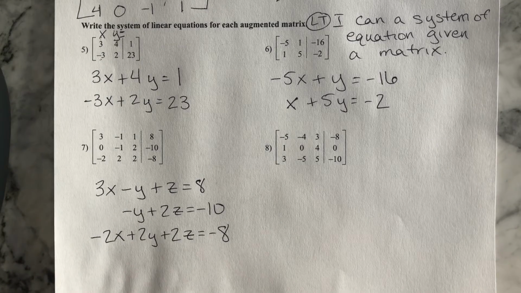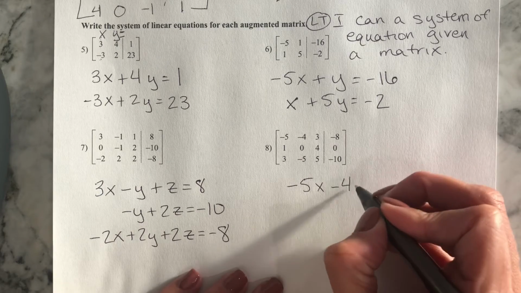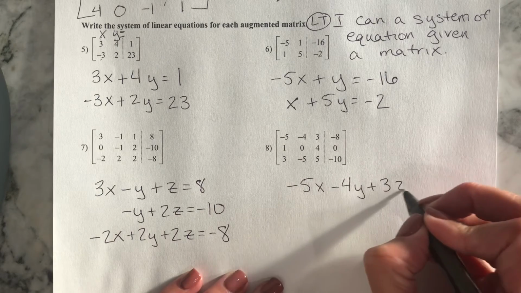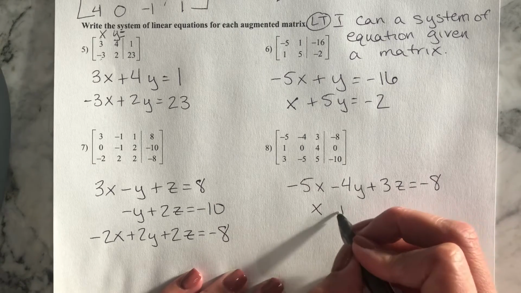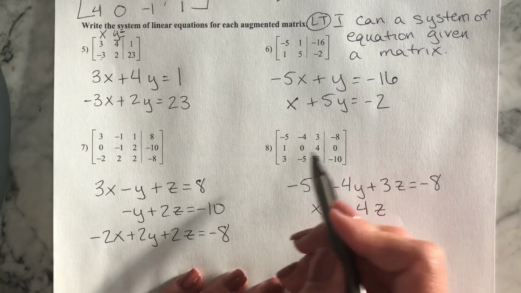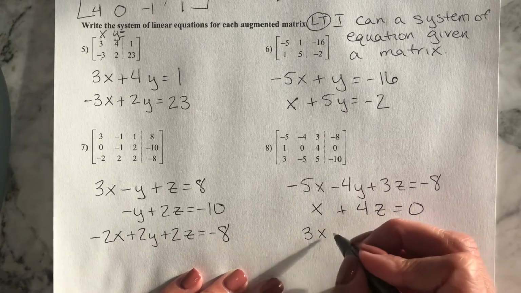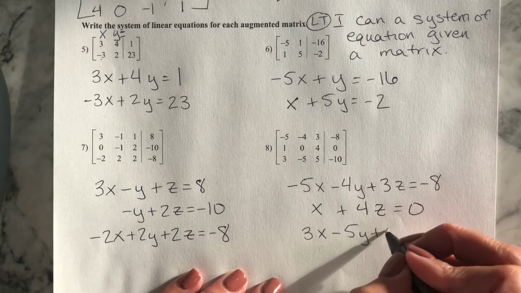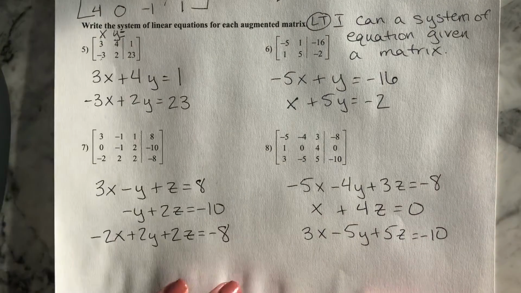Then let's try this next one. Negative 5x minus 4y plus 3z equals negative 8. And then x plus 4z, there's no y, equals 0. Then 3x minus 5y plus 5z equals negative 10.